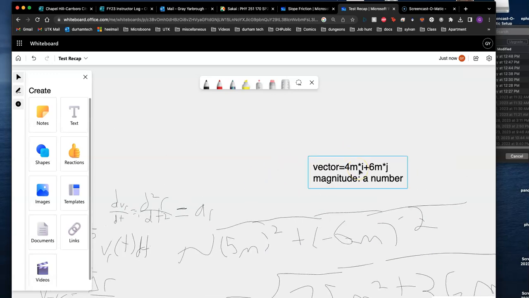So we have 4 units in one direction. In fact, I'm going to go ahead and change that to a 5 since that's consistent with the problem below. But this would be a position vector of 5 meters right, or in the i direction, and 6 meters up. And in fact, I'm going to make that 6 meters down. Correcting myself, but also showing how it works.